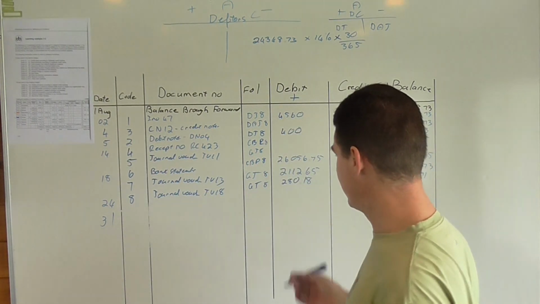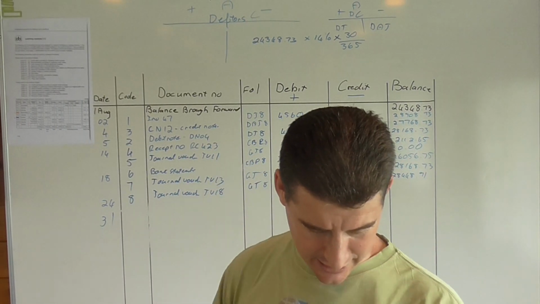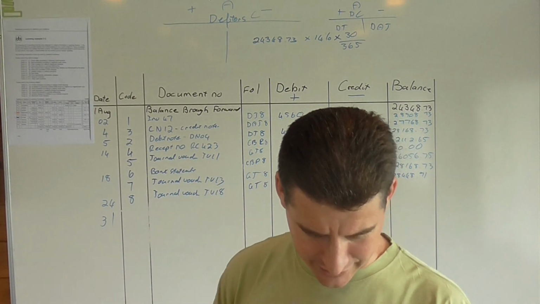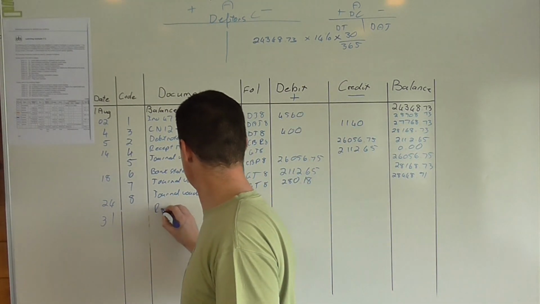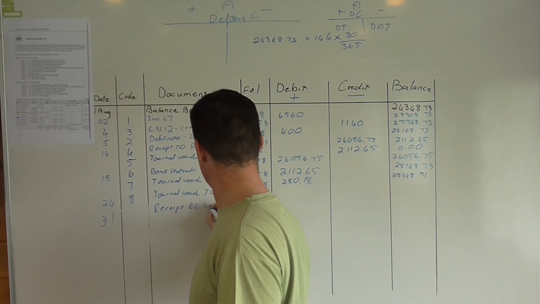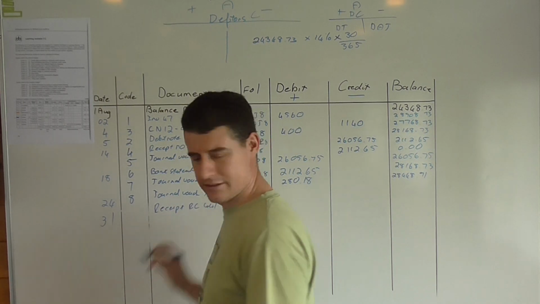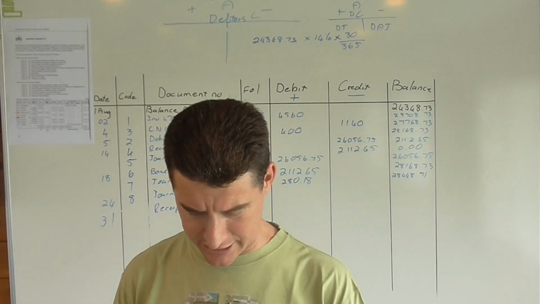Oh, that sucks. Okay. So let's calculate first. Okay, it's the 31st. Receipt number RC441. Okay, we've got receipt RC441. Let's see what code we're using.